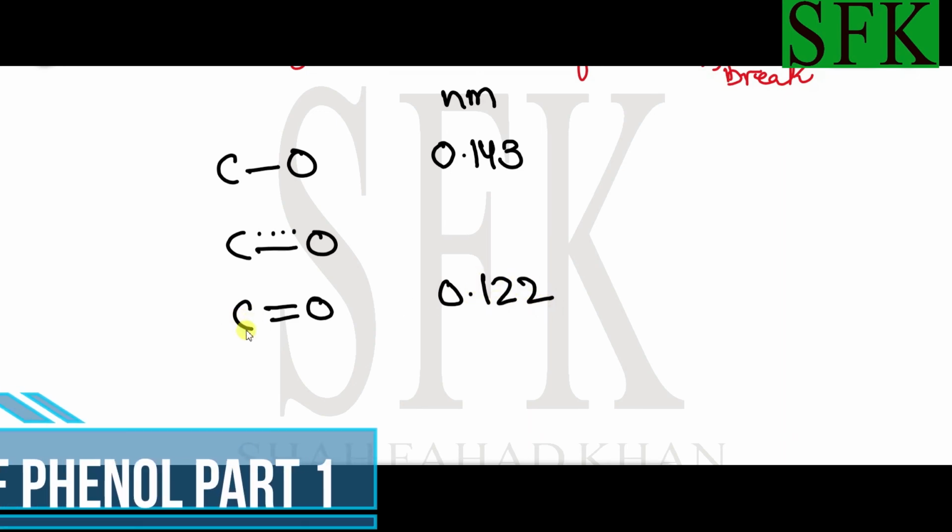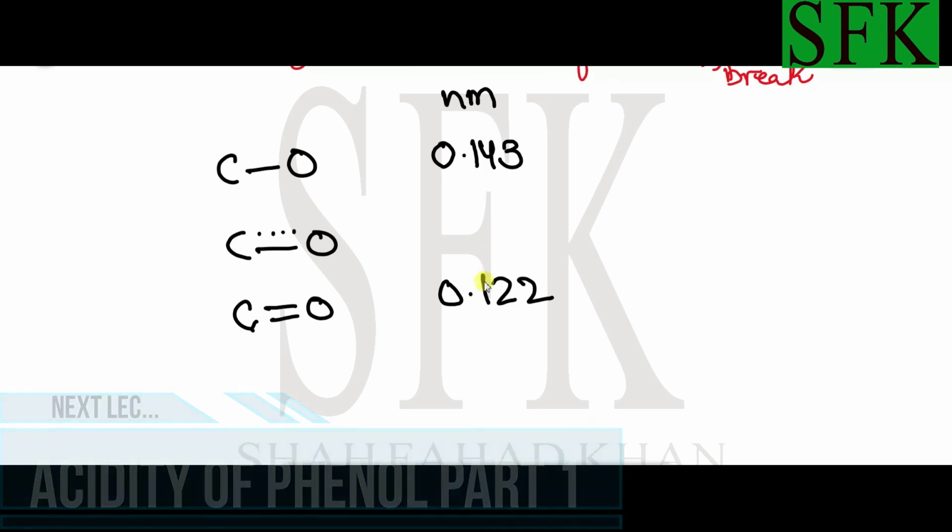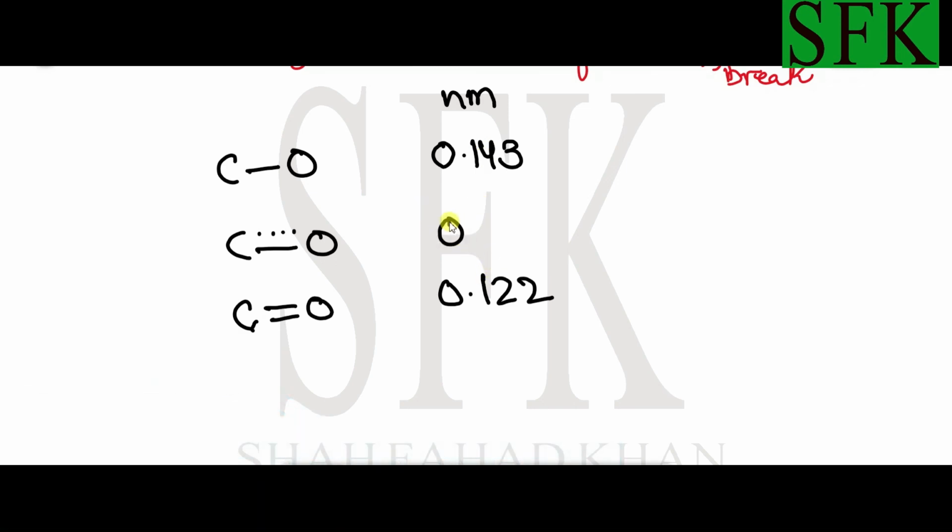As we know, as the bond becomes stronger, the bond length decreases. This is a general trend. The carbon-oxygen bond in phenol is stronger than the single bond but weaker than the double bond, so it has a bond length intermediate between the two, 0.136 nanometer.